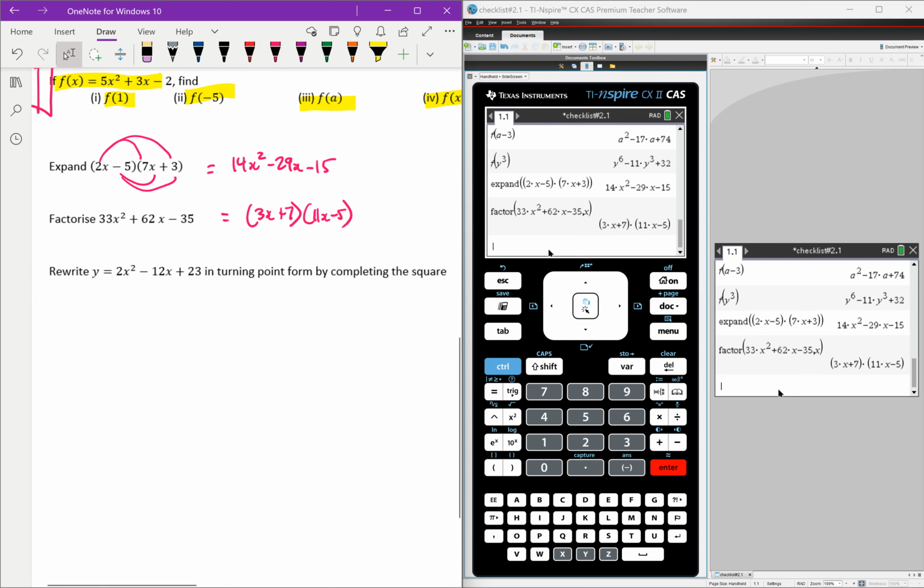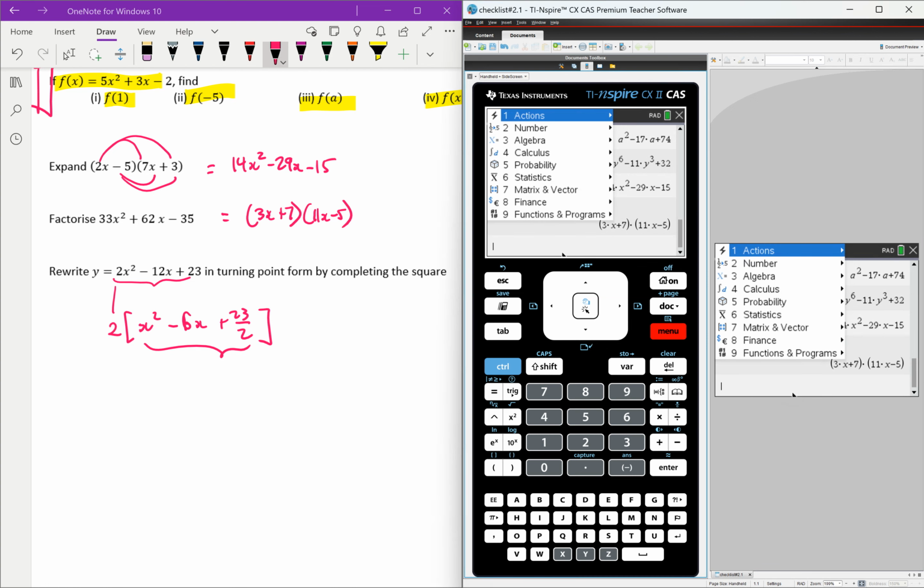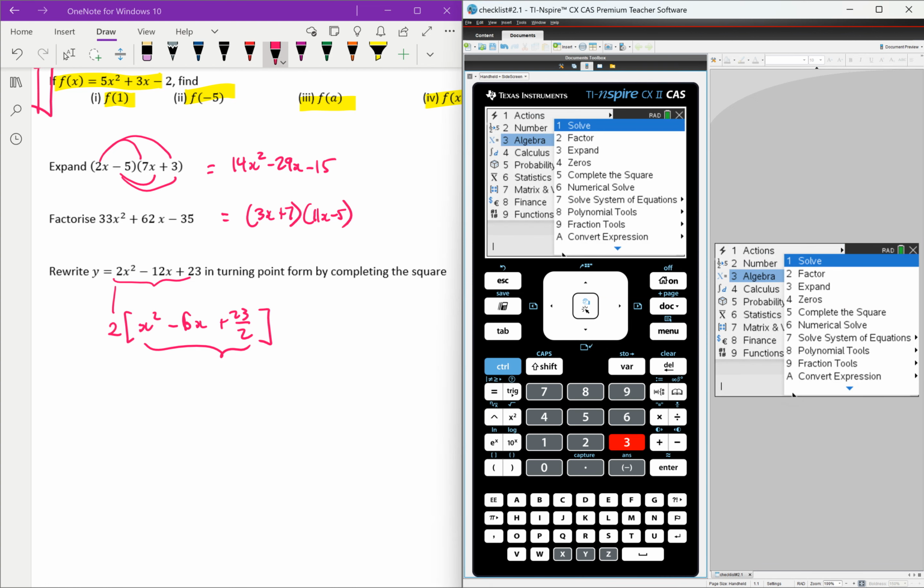It wants you to now rewrite this equation by completing the square. Normally for completing the square, remember you have to take out the 2. You get x squared minus 6x plus 23 on 2. And then you have to complete the square of that, right? It takes too long. You can again go to menu, algebra, number 5, which is complete the square. So menu 3, 5.